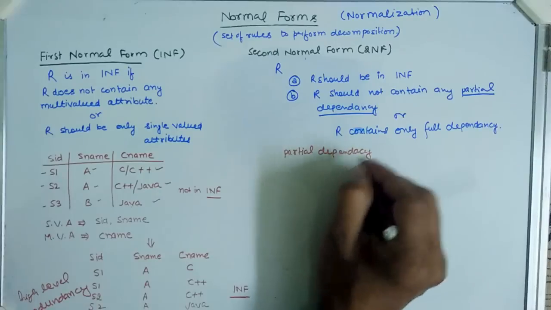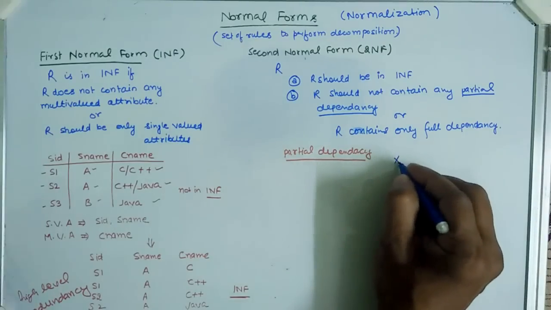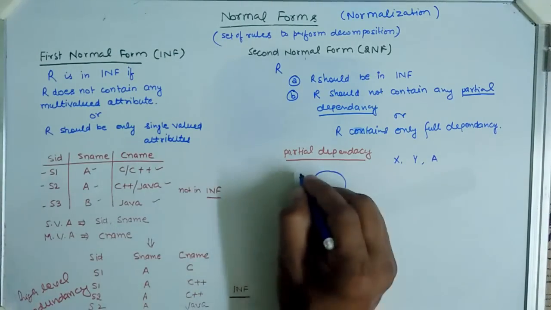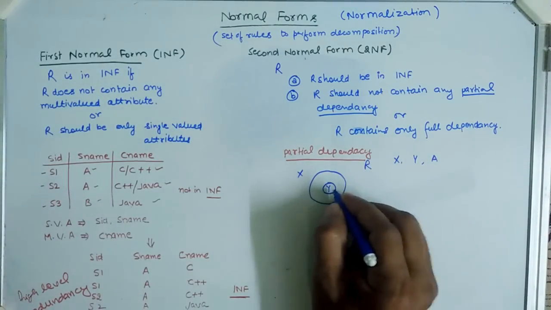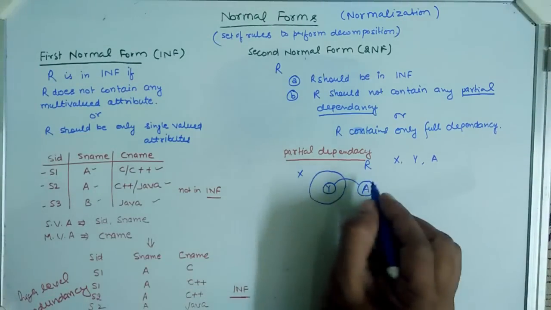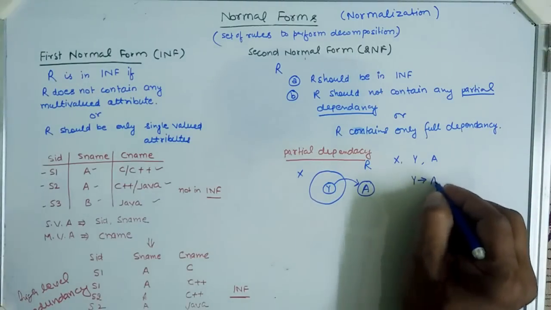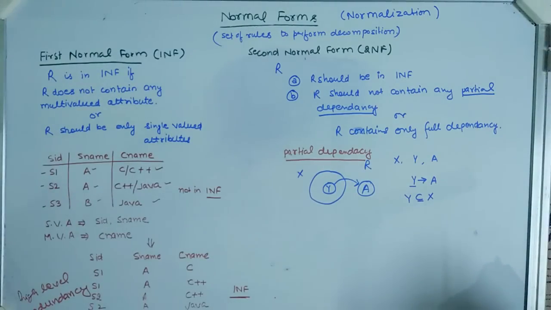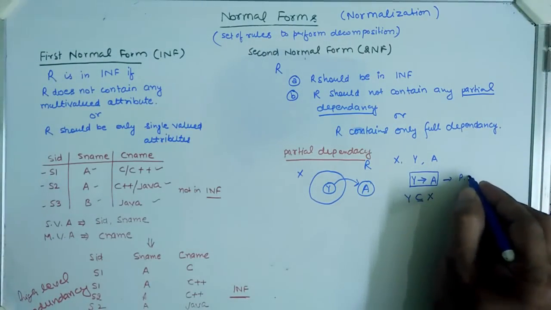A partial dependency is the relation between the attribute sets X, Y and A such that X is a superset of Y and your relation R contains a functional dependency which indicates a relationship between Y and A. So, if any relation contains a functional dependency Y tends to A, where this Y is a subset of X, then we say that this type of functional dependency Y tends to A is a partial functional dependency.